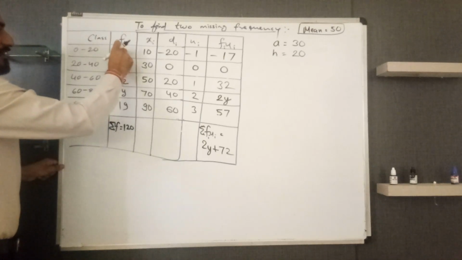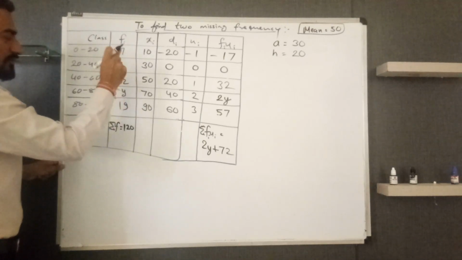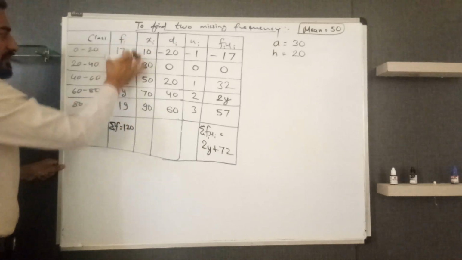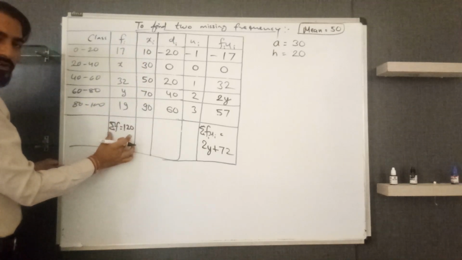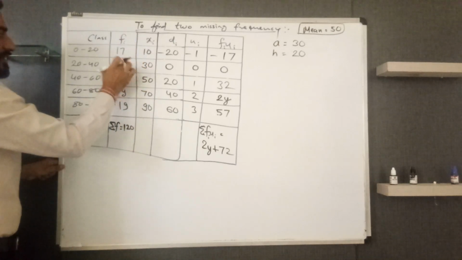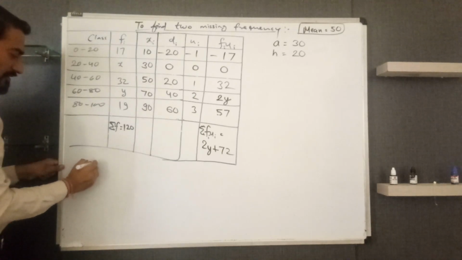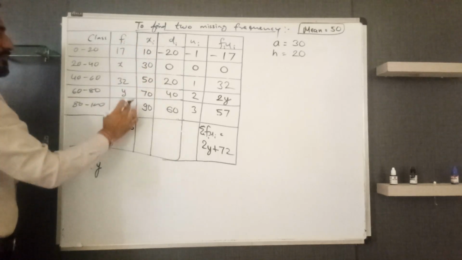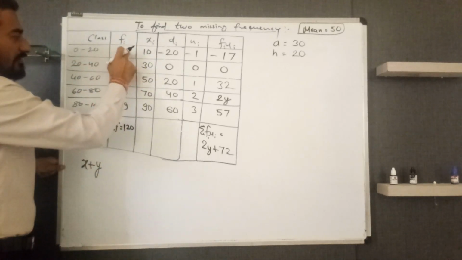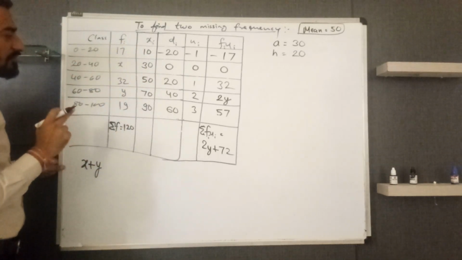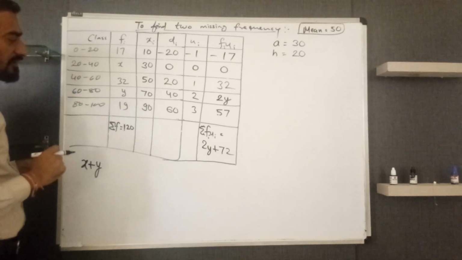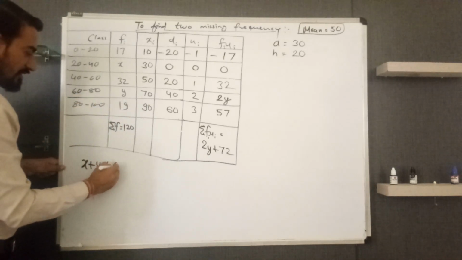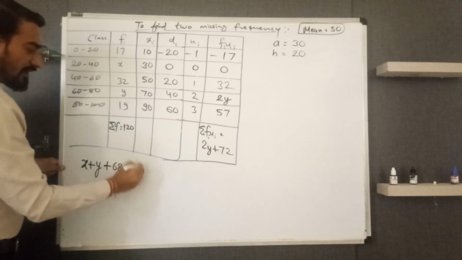Here, sigma f we have 120. So 17 plus x plus 32 plus y plus 19, their sum is what? 120. So find the sum. x plus y, these are two variables. Find the sum of the remaining constants. So 17 and 32, 49, 49 and 19, 68, is equal to 120.